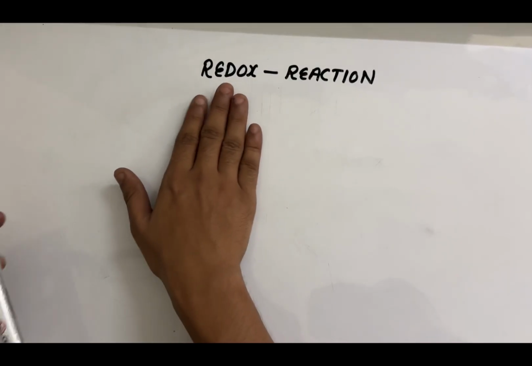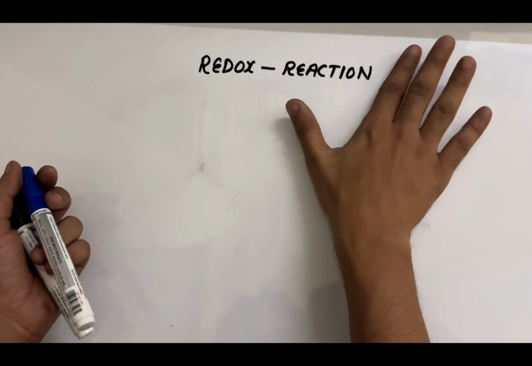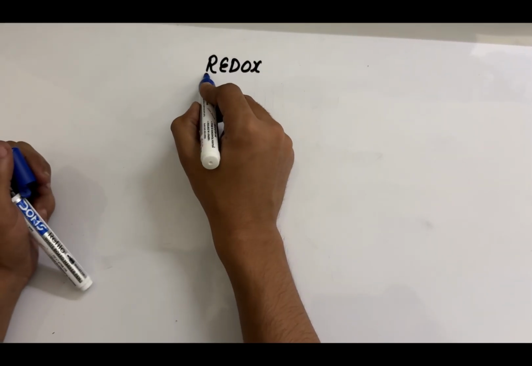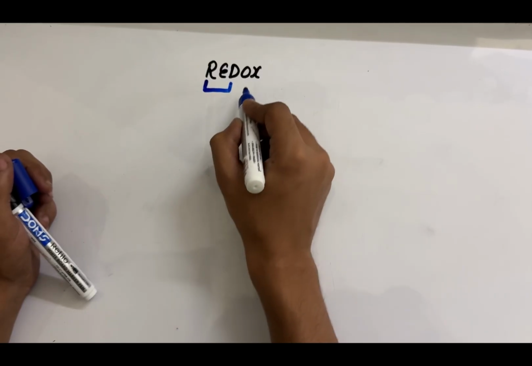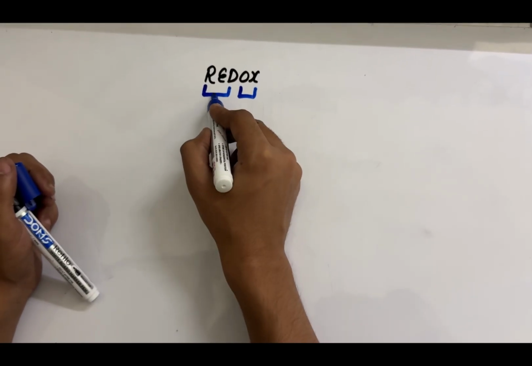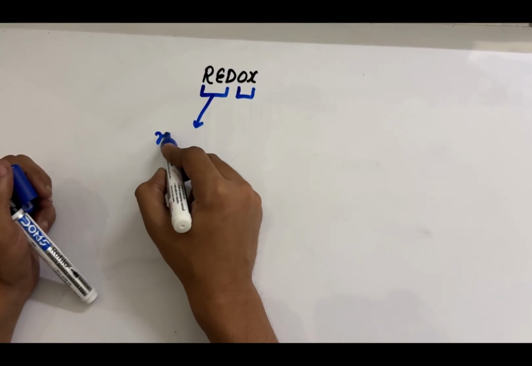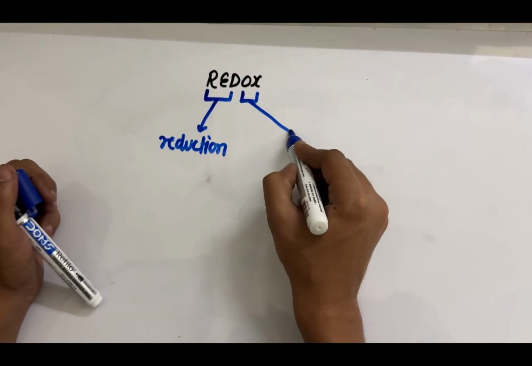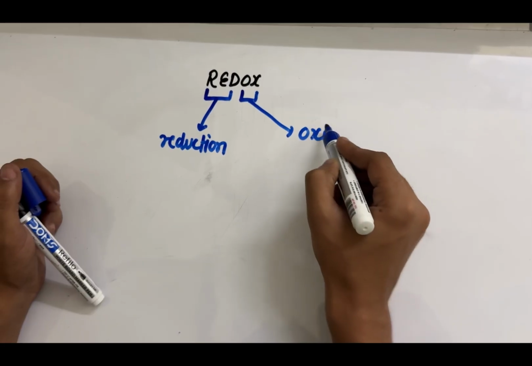So if you see, this is the redox reaction. I'm erasing the reaction part. Redox has red and ox. Red stands for reduction and ox stands for oxidation.